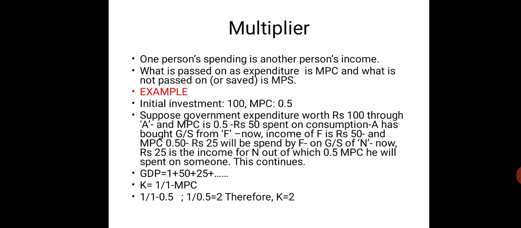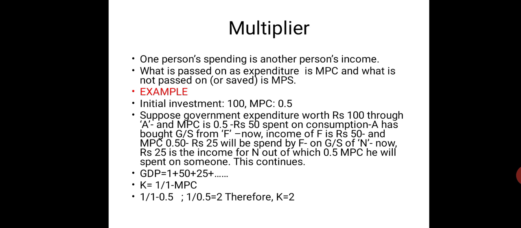Suppose I am getting 100 rupees and I am spending just 80 rupees, the rest of the 20 rupees is considered leakage from the economy, because it is not reaching anyone. So there is a break in the circular flow because of 20 rupees. That 20 rupees is being saved by me. So what is not passed on to another person is saved, that is MPS.